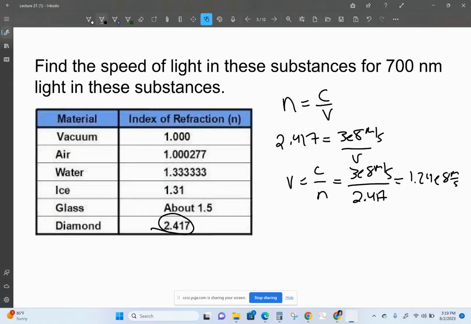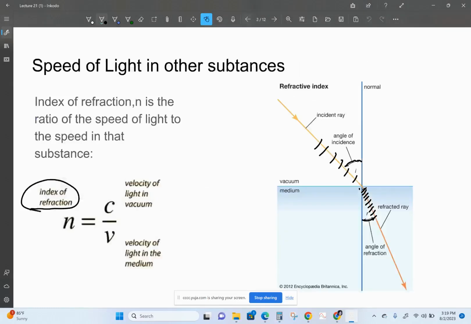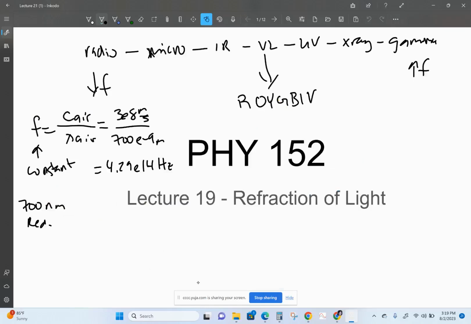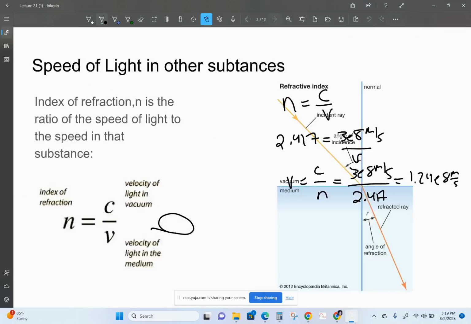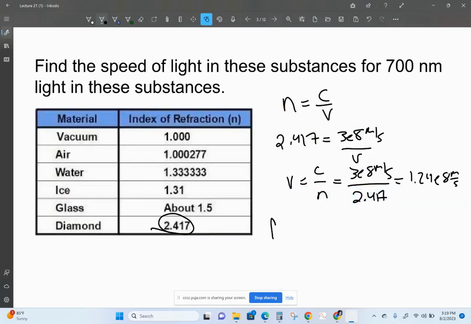So remember, we had found earlier that the frequency in air of a 700 nanometer ray of light was 4.29e to the 14 hertz.